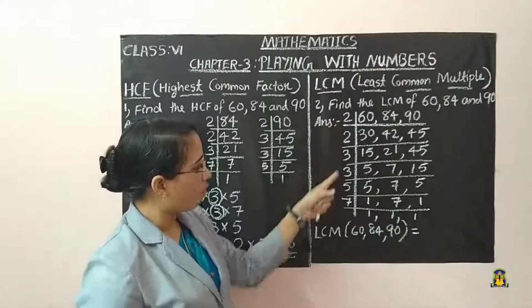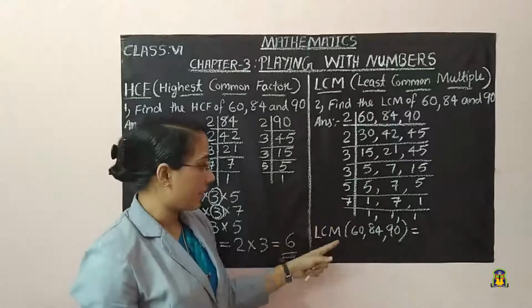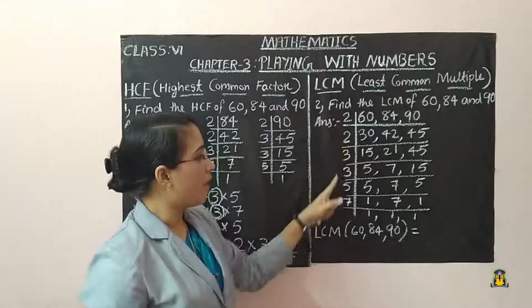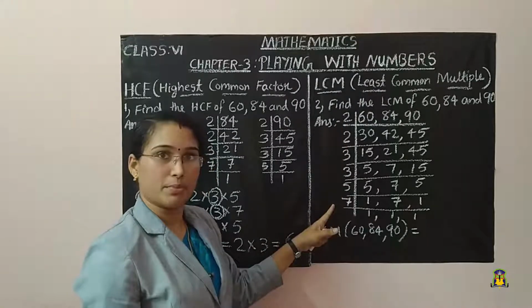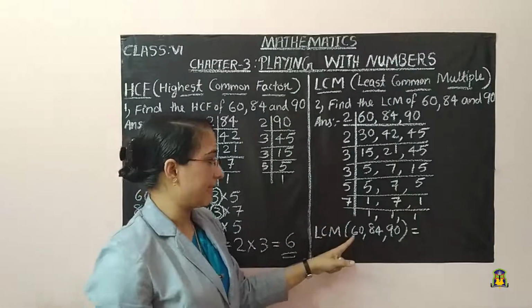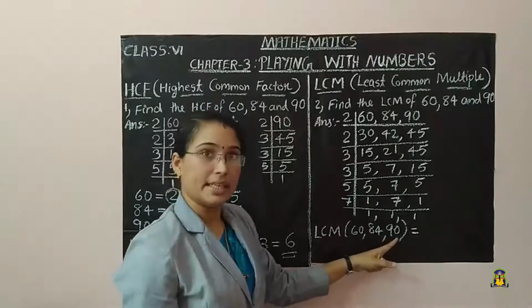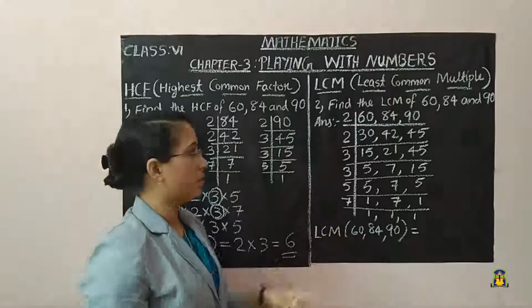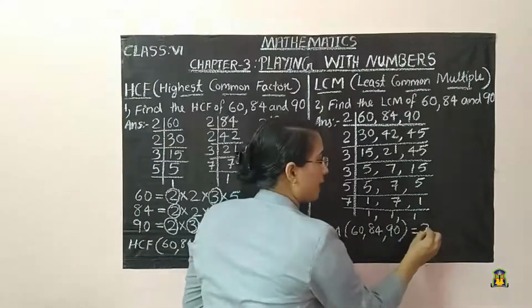Now we have all the prime numbers. After that, for finding the LCM, you write the product of these prime numbers. LCM of 60, 84, 90 is equal to the product of all these prime numbers. One by one, don't miss any number.